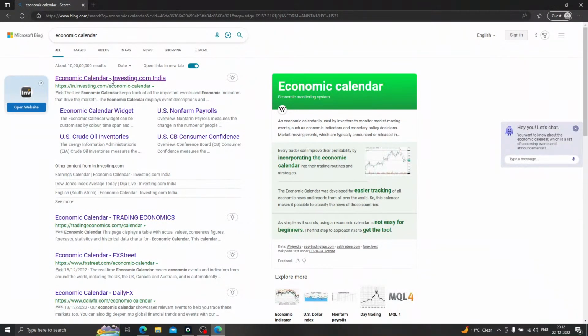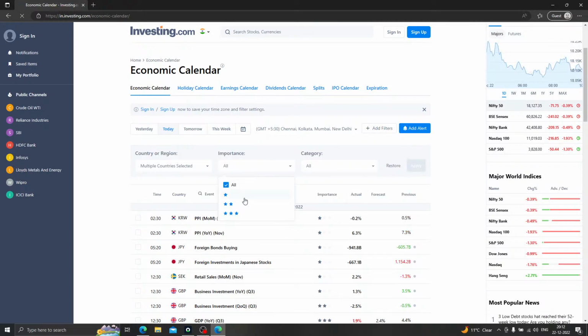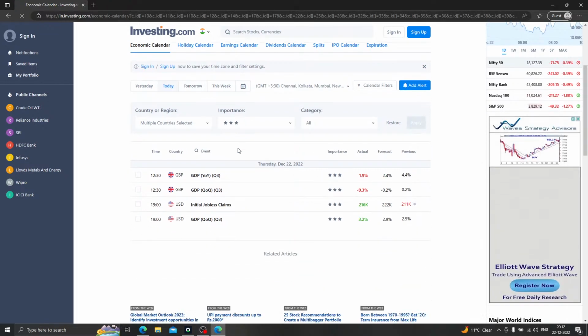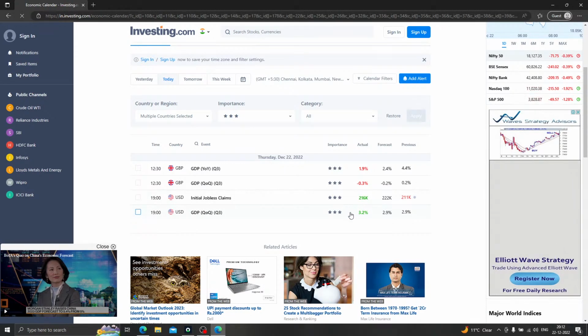Guys, first of all you have to open the economic calendar, and this is what the economic calendar looks like. You need to add a filter, change the importance to 3-star news, click on apply. After clicking on apply, you will see that this is how the data will appear, either positive or negative.